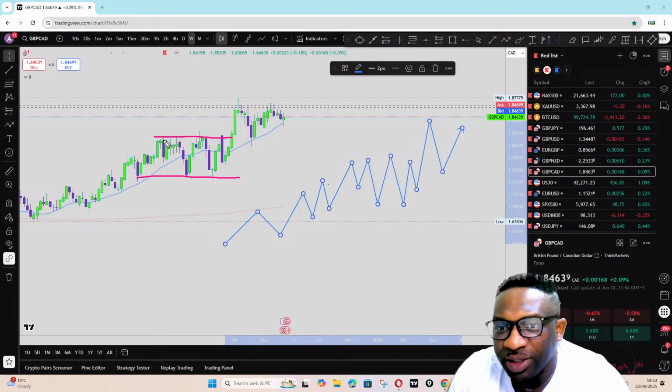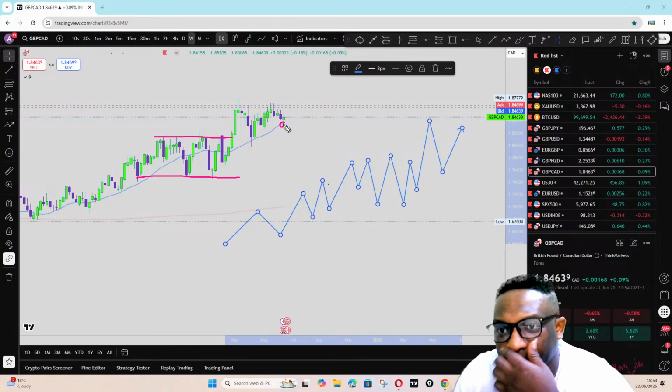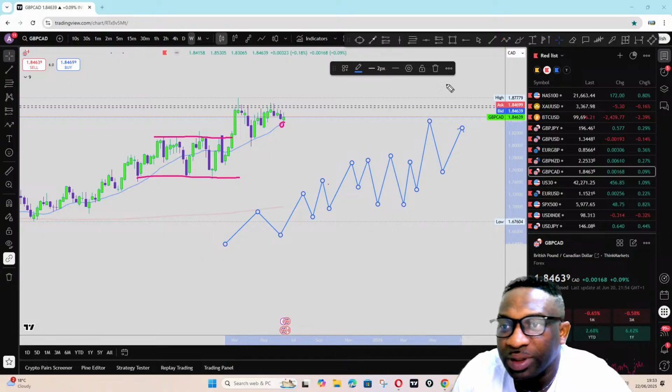So price created equal highs, equal lows here, and then finally broke above. But this is a weekly time frame, so we just wanted to spot the current move. Currently we can see price having some rejection here, indicating a bullish movement. So this is the weekly time frame.